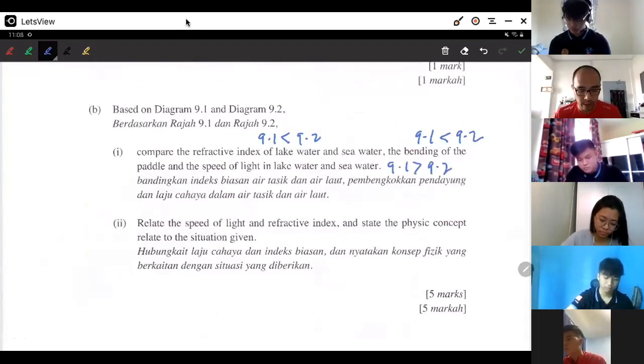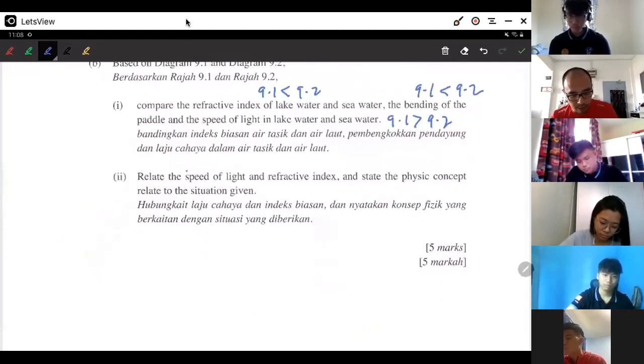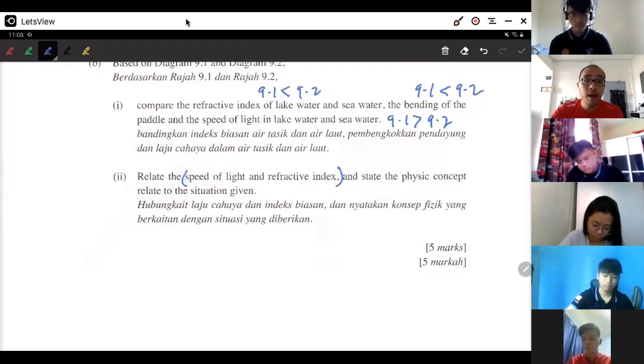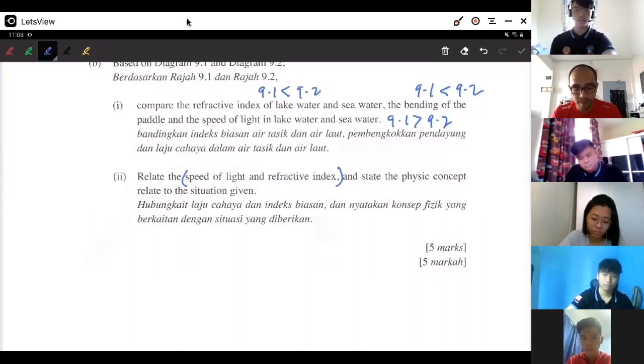Whichever one. All right, relate the speed of light and the refractive index. This one first. Bigger refractive index, smaller speed of light. Is that what you're saying?